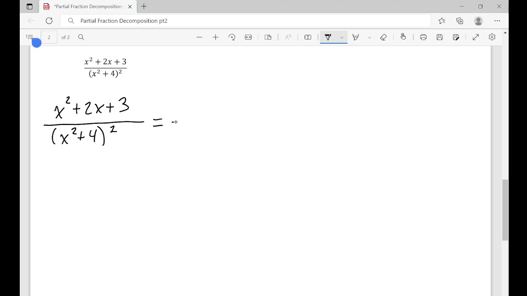So we'll have two fractions because we have two terms. This is going to be the x squared plus 4, and this will be the x squared plus 4 all squared because it's repeated. And since they are both quadratic factors, the tops will be 1 degree less. They will be linear factors. So ax plus b and cx plus d.